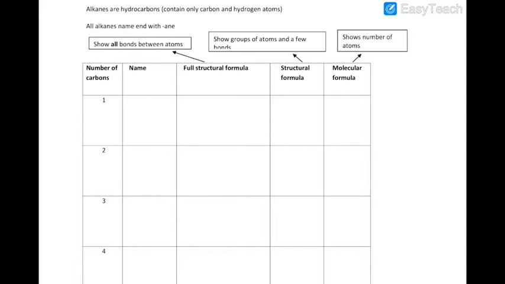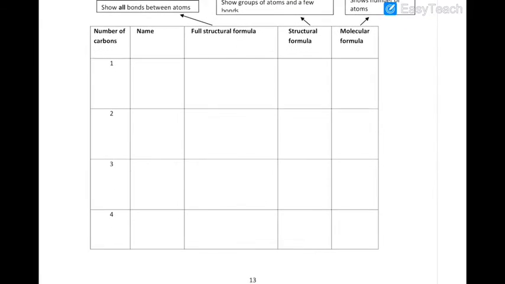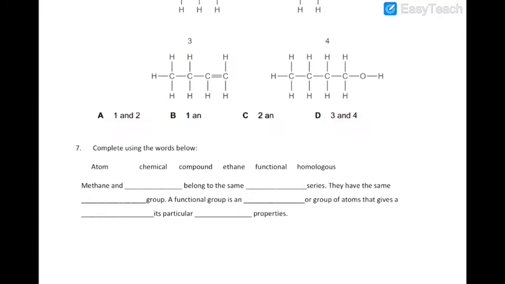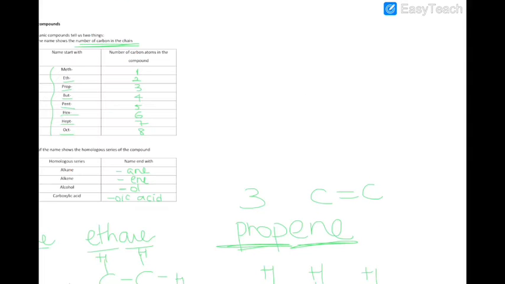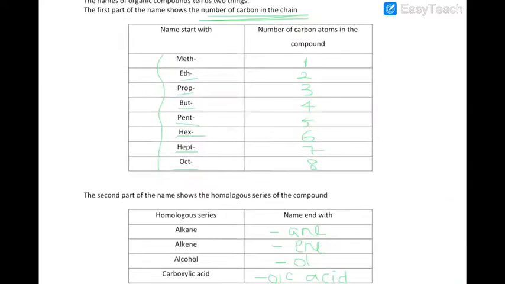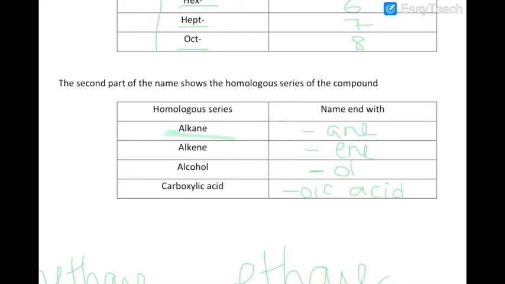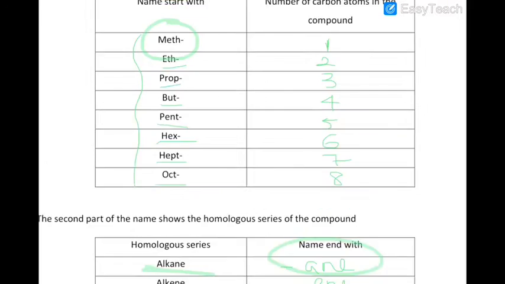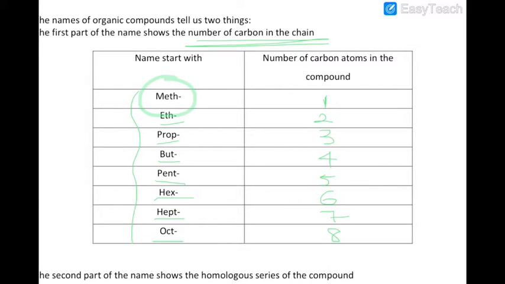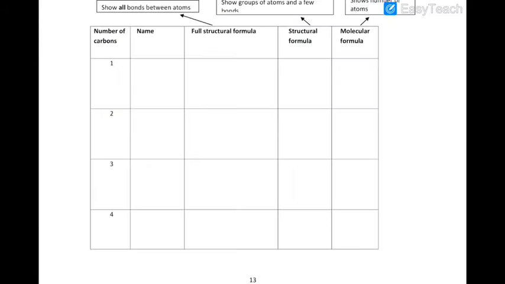Alkanes are hydrocarbons, which means they contain carbon and hydrogen atoms only. Remember when we said that the start of the name tells you how many carbon atoms there are. Because we're looking at alkanes, everything will end with ane, and we'll use the prefixes to say how many carbon atoms there are.